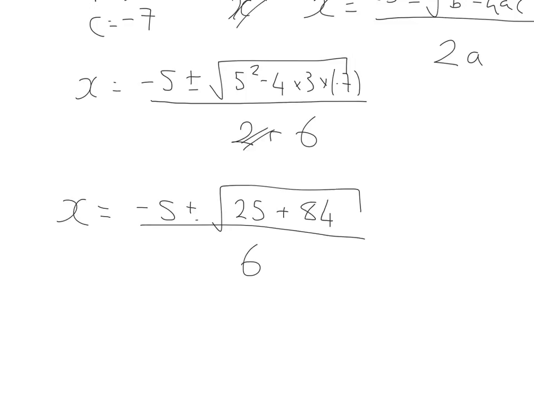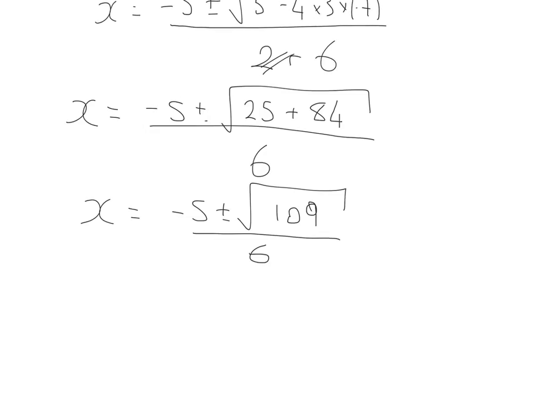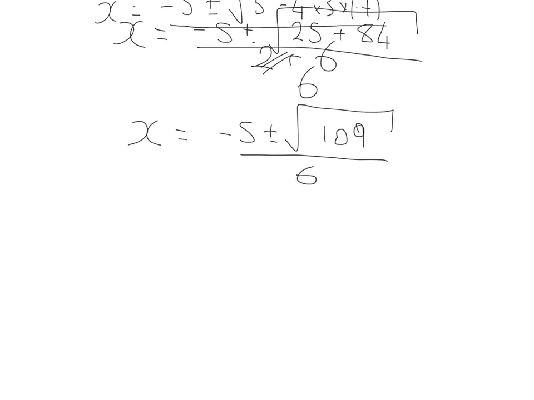And that's all divided by 6. So minus 5 plus or minus the square root of 25 plus 84, which is going to give me 109, all over 6. So at this point things are simplified as far as possible before making the split.